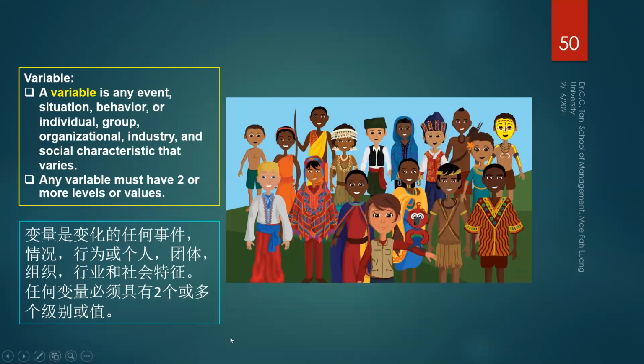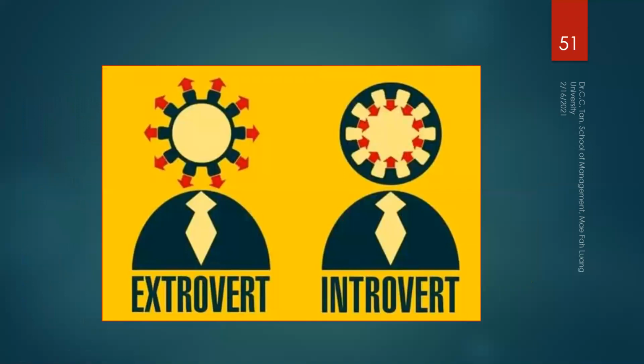So this can be done by, for instance, in extrovert and introvert, a personality variable coded as 1 or 0, either this or that, or 1 or 2, depending on the relationships of the variables and what environment it is.